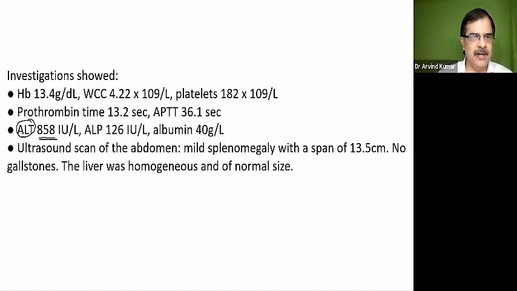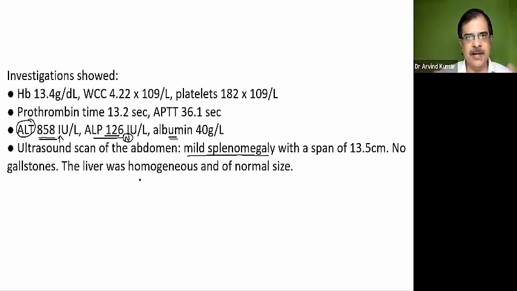ALT is 858, ALP is within the normal range, so ALP is normal and ALT is grossly elevated, which further supports our diagnosis that it is not obstructive jaundice. Albumin is okay, which means it is not a chronic liver disease yet. Ultrasound of the abdomen shows a mild splenomegaly, no gallbladder stones, and the liver was homogeneous and of normal size. So this is the information available with us.